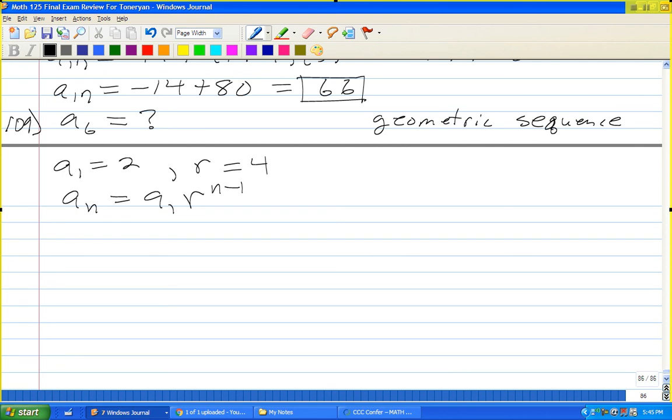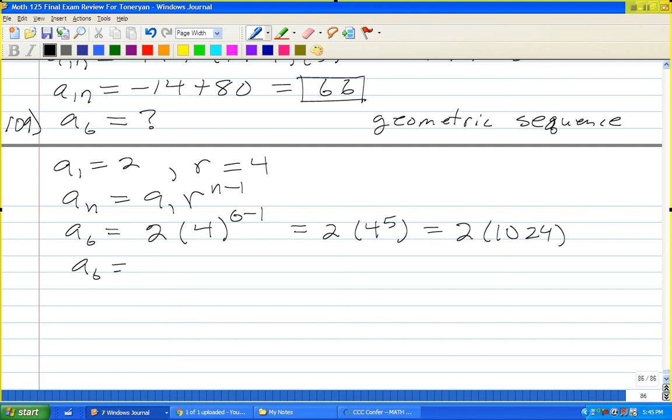And so to find the sixth term, I have a sub 1, 2, r, 4 to the n, 6 minus 1. And so this is just equal to 2 times 4 to the power 5, which is 2 times 1024. And so a sub 6 is equal to 2048. And that's the sixth term in my sequence.